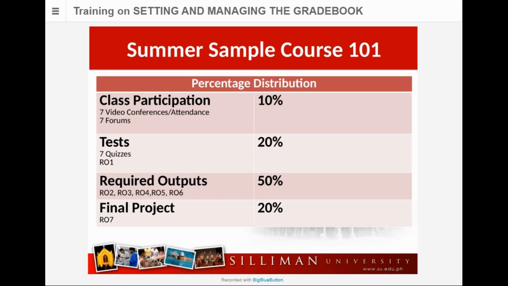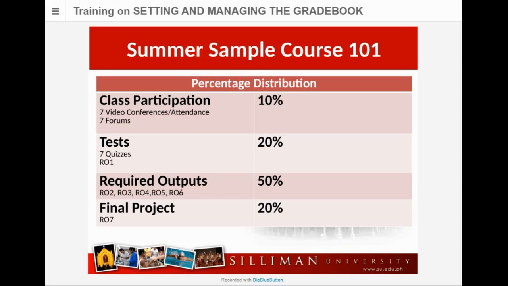This will be the grade distribution, or the percentage distribution, of the subject. In this grading system, we have class participation, which includes our 7 video conferences with attendance via Big Blue Button and Google Meet, and 7 forums. This is a total of 10%.